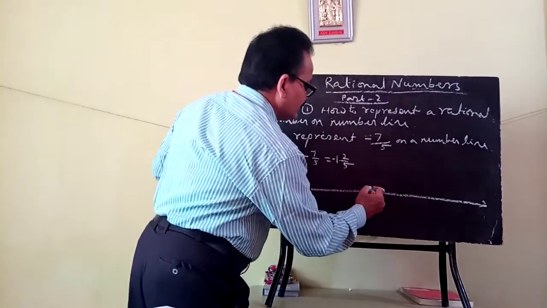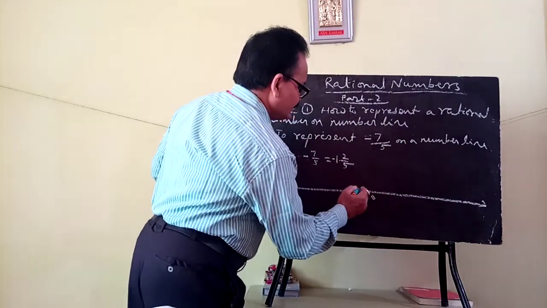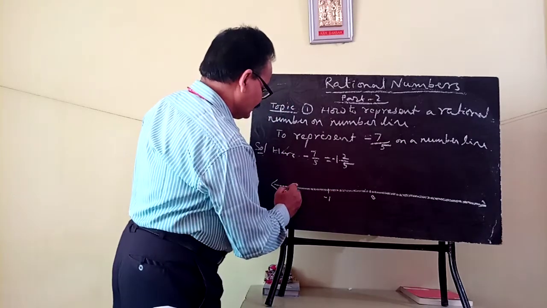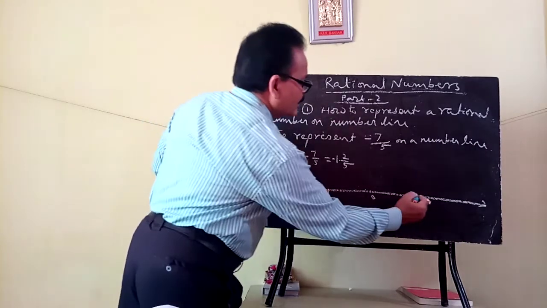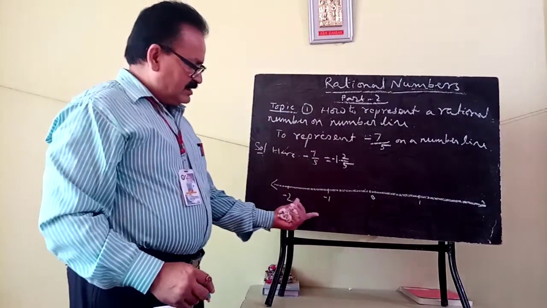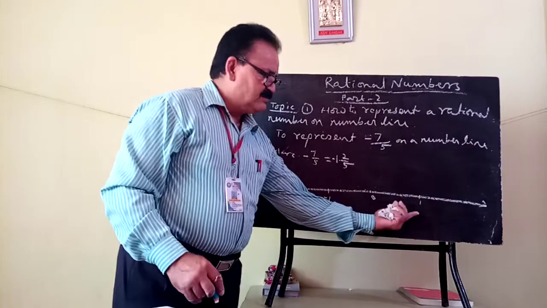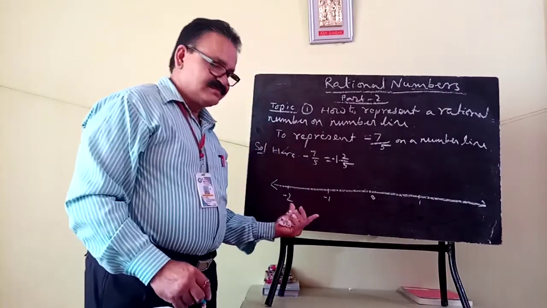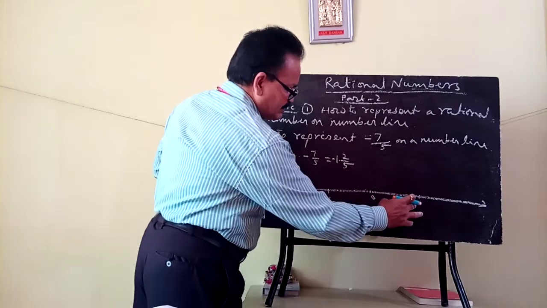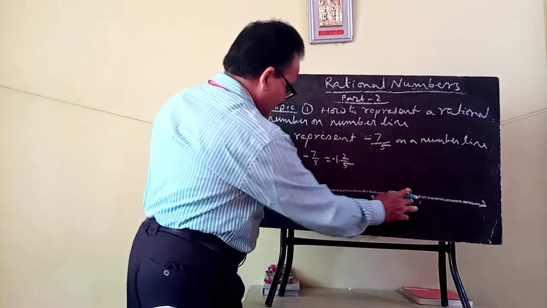So you can start here with 0, minus 1, minus 2. Here it is 1. The marked points must be of equal length. So this much length is your minus 1, this much length is your plus 1.